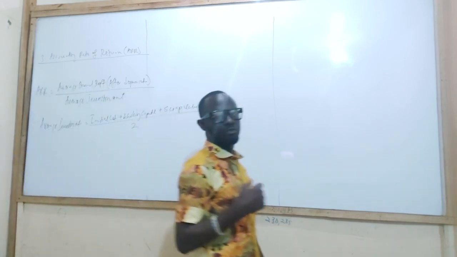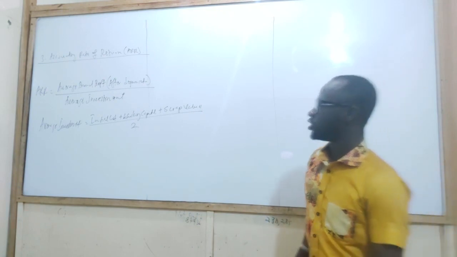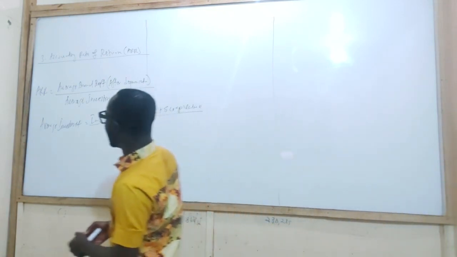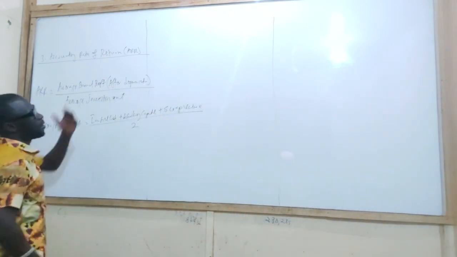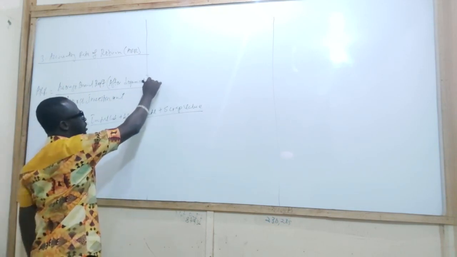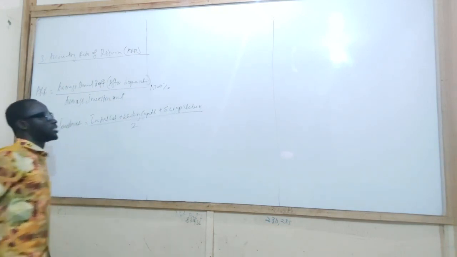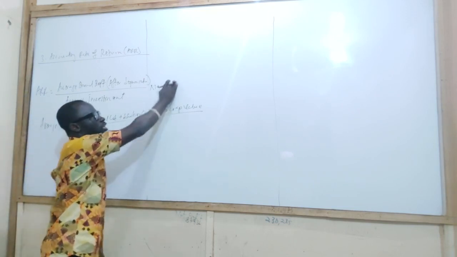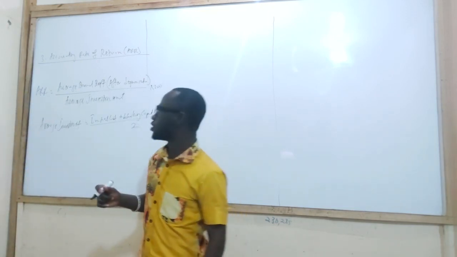So that is the formula for the average investment. That is the denominator. Now remember, because this is percentages, it must be times 100. The answer must be times 100 because you must leave your answer in percentages.